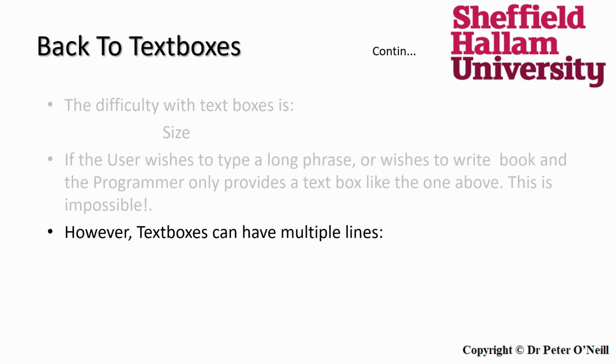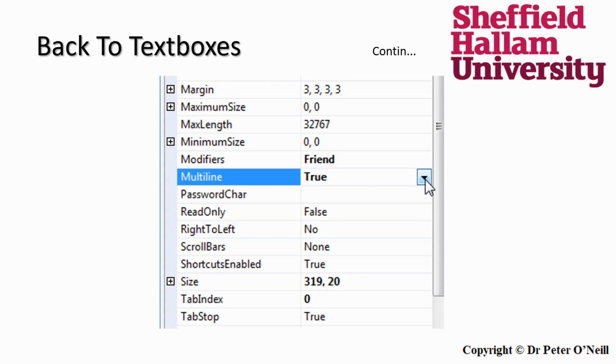However, text boxes can have multiple lines, so we can actually change that. And the way we do that is quite simple. We click on our text box and then we find multiline, and we set it from false to true. We can also put scroll bars on so that the person can move up and down and left and right in the text.